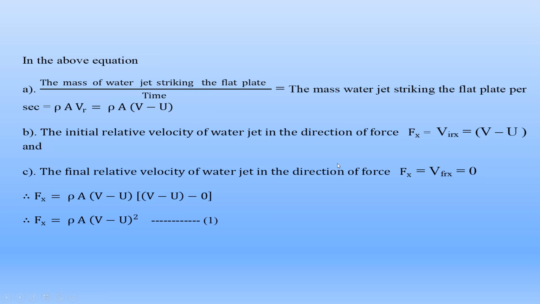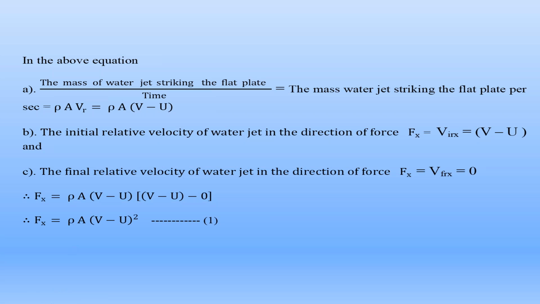Then substitute these values in the previous equation. In this impact, the equation of force Fx is rho A into V minus U into V minus U minus 0. This rho A into V minus U is the mass of water jet striking the moving vertical metal plate with relative velocity.